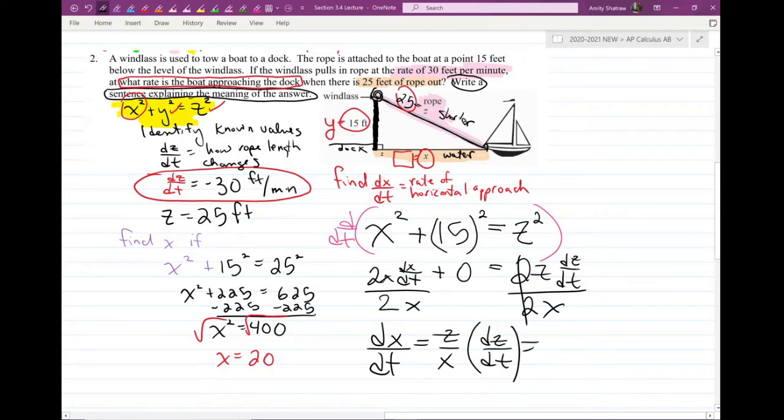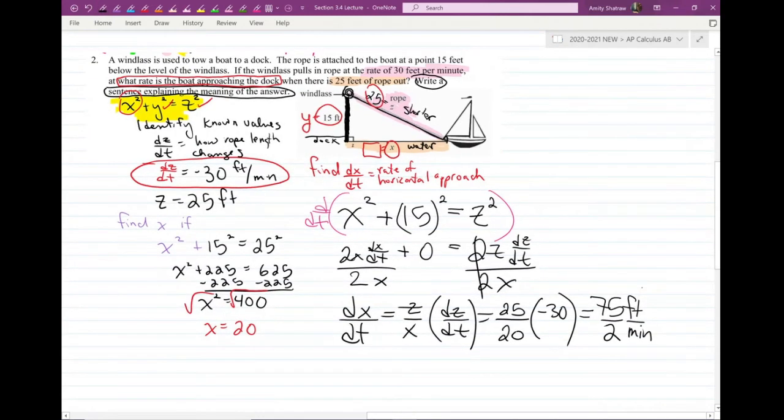And so z was 25 and x was 20 and dz/dt was negative 30. When I plug that into my calculator, what I end up getting here is 75 over 2. And that is in feet per minute. And that would be my answer.